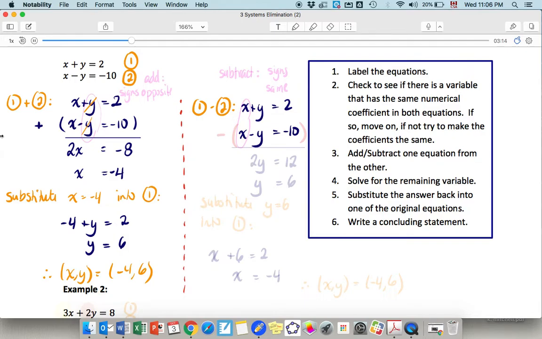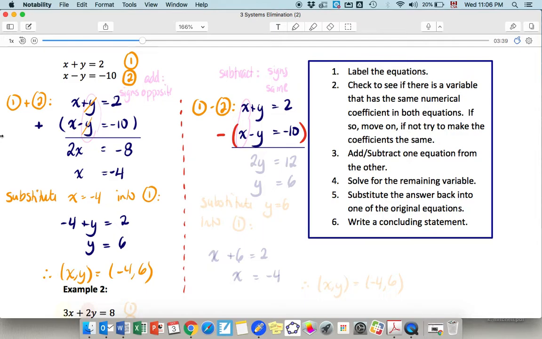Now that we're doing a subtraction, I have to make sure that I remember that I'm subtracting each term of the second equation. So I'll take it term by term. I have x minus x. That's going to leave me with 0 x's. So by subtracting the two equations, I'm able to eliminate now my x variable.